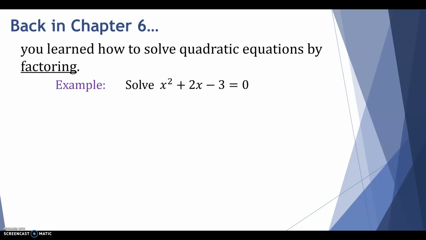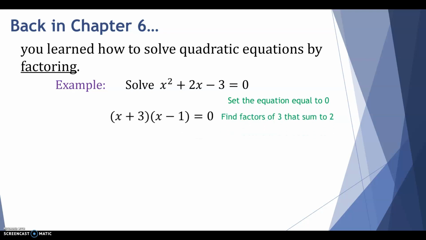This was a diamond X puzzle, if you remember those. So first thing we need to do is make sure it's set equal to 0, and we're going to get 2 answers because the exponent is 2, okay? And there were my factors. So factors of 3 that sum to give me 2 would be 1 and 3, and the 1 would be negative. And if you were to FOIL that, you would get the same problem.